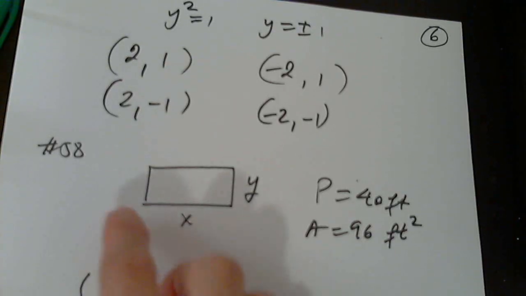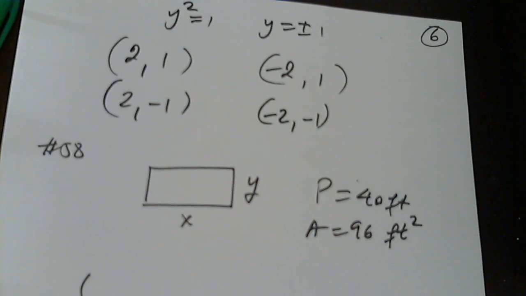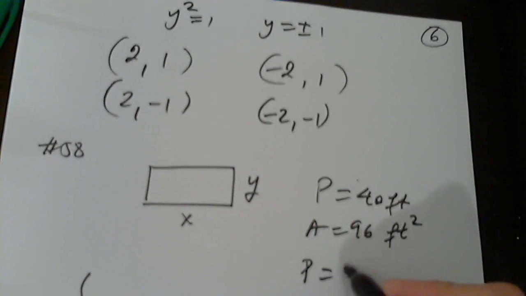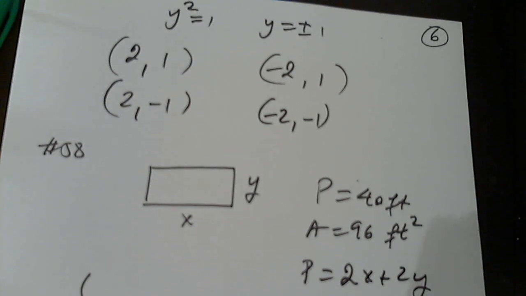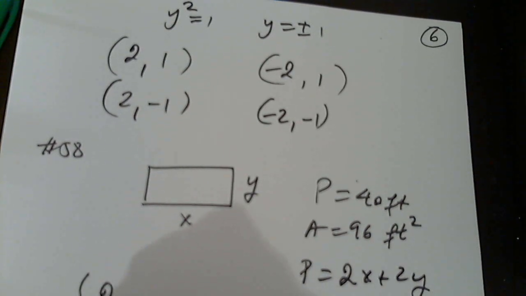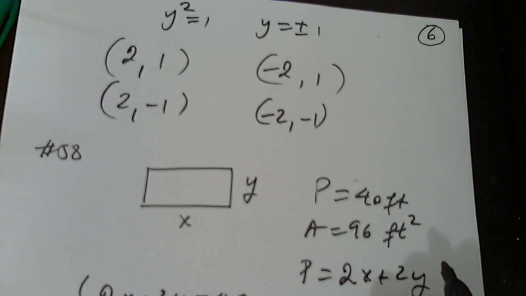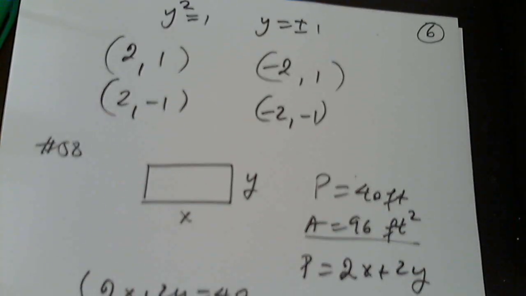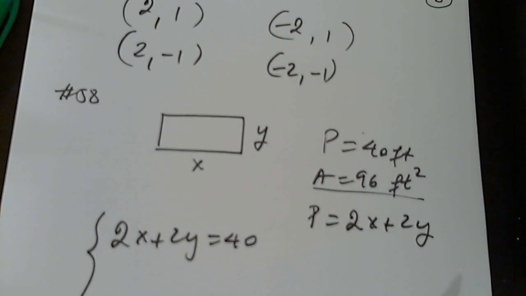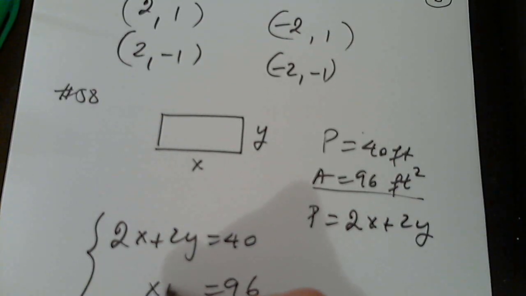So the perimeter is x plus y plus x plus y. So the perimeter is 2x plus 2y, which equals 40. And the area, can anyone give us an equation for the area equals 96? Would that be x times y equals 96? Yep, that's it.